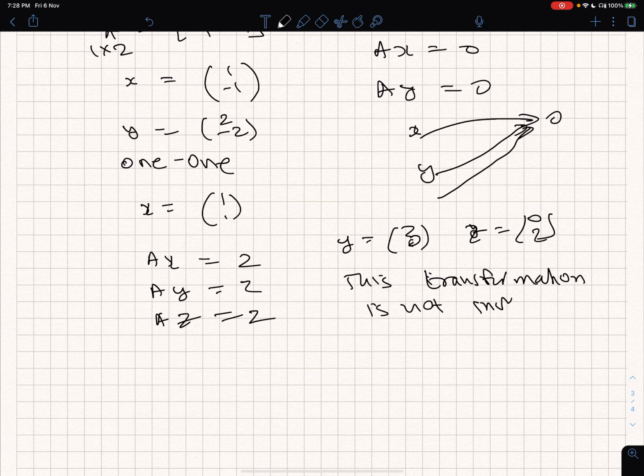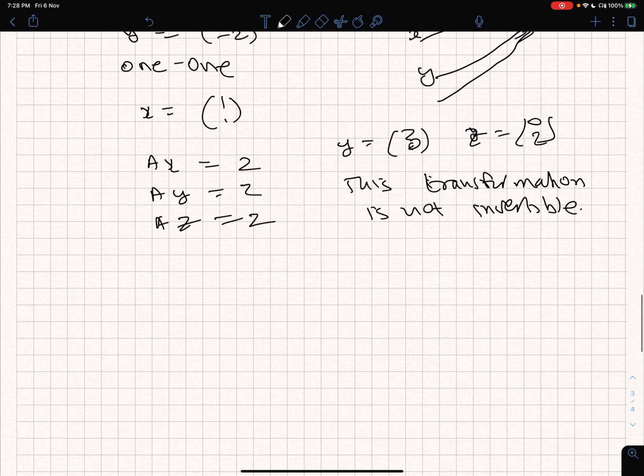and this transformation is not invertible. So the point that I am trying to tell you is that invertible transformations require two things.